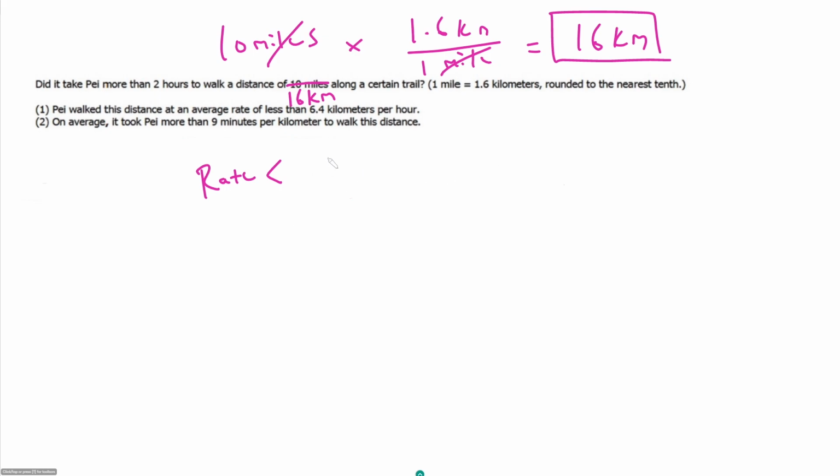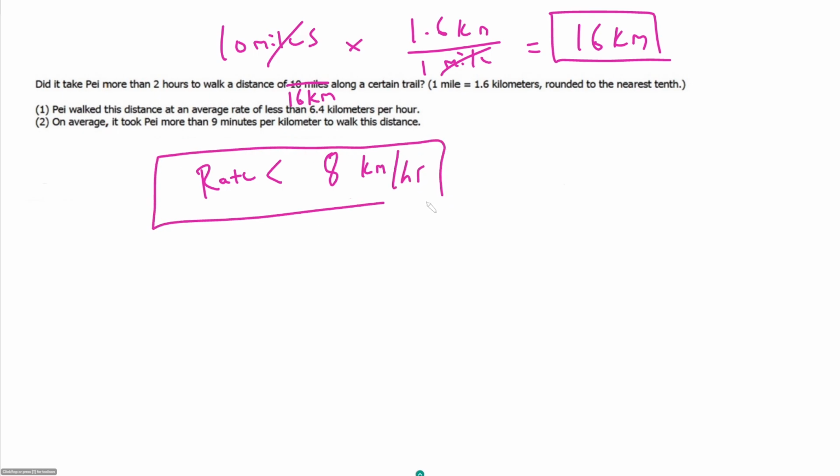So is our rate less than 8 kilometers per hour?